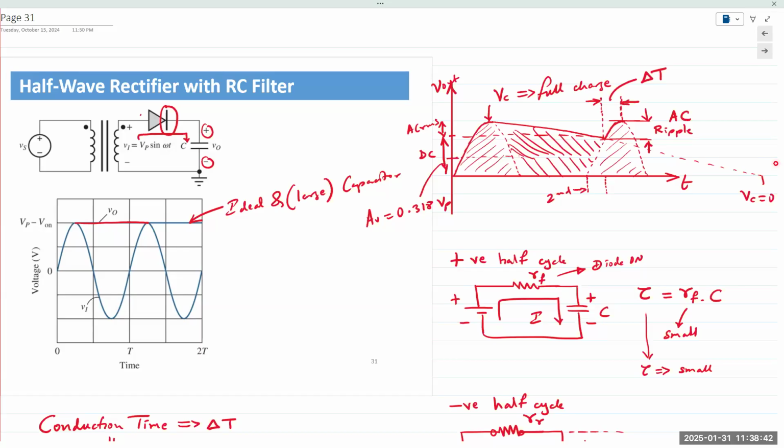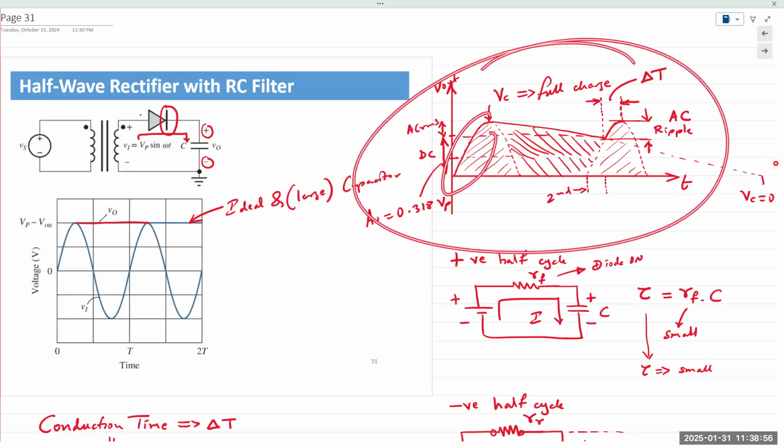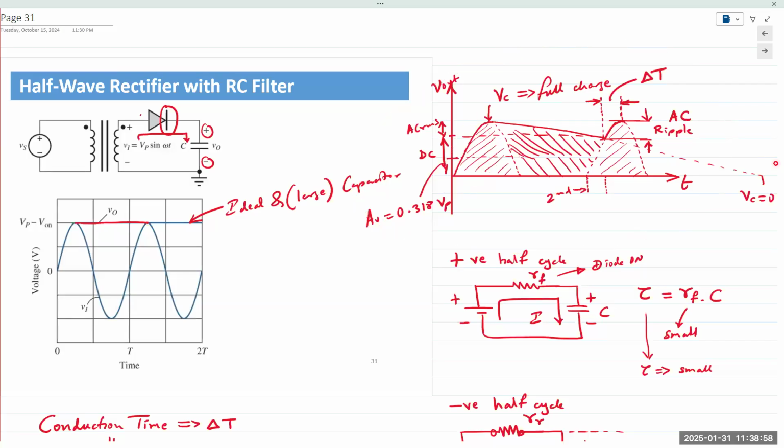But it happens very, very quickly, right? 1/60th of a second. So as soon as we turn the switch, capacitor is fully charged. That's what we see. Once the capacitor is charged, and I'm looking at this waveform here on the right, it reaches full charge. And that's what's shown here, full charge.